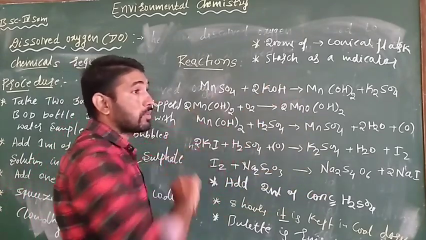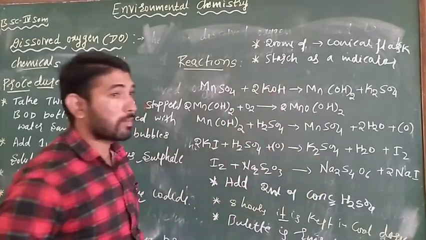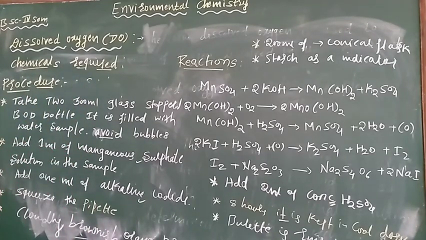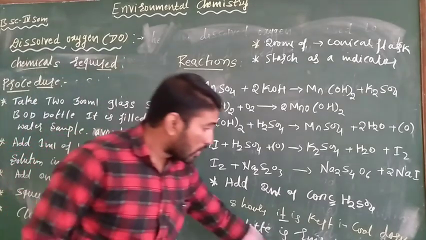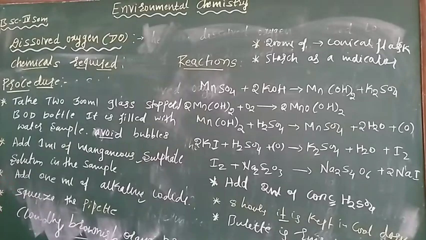That is your end point, color to colorless, using starch as indicator. Note down how much sodium thiosulfate solution is consumed, the volume of sodium thiosulfate solution added.